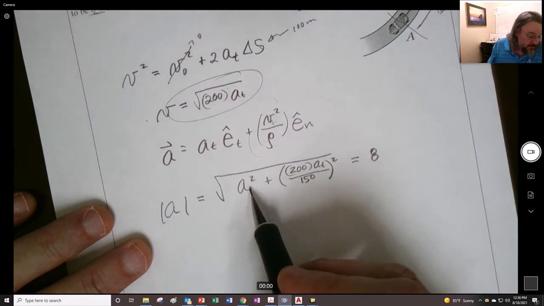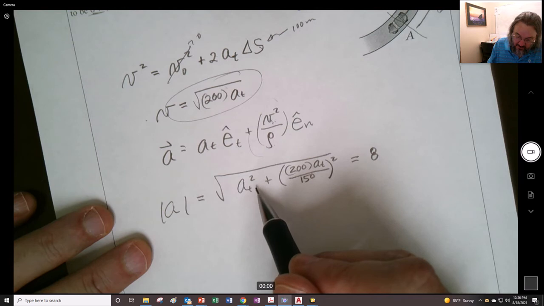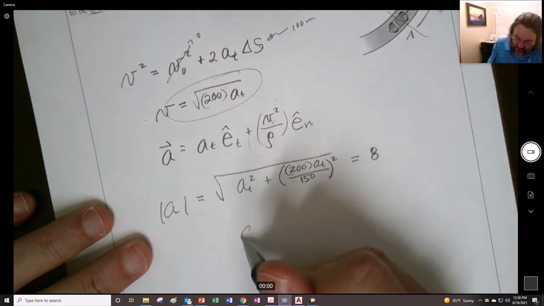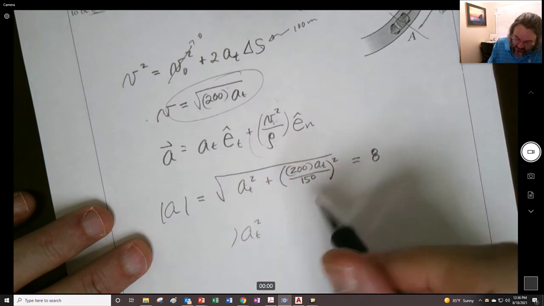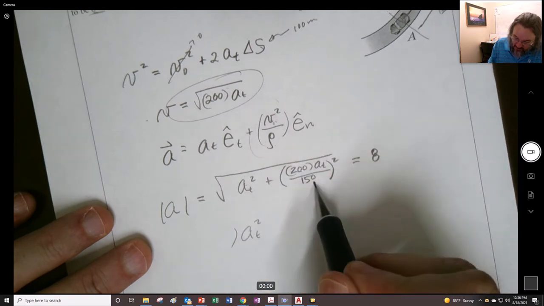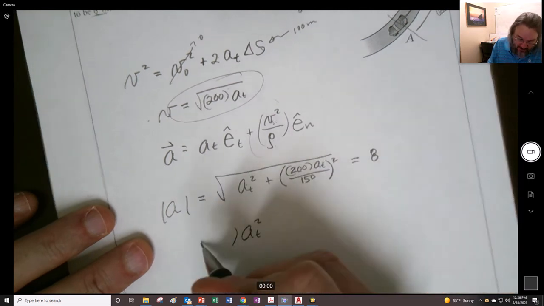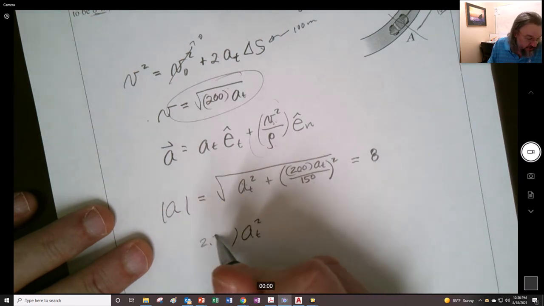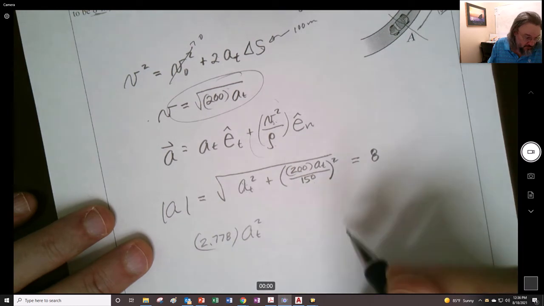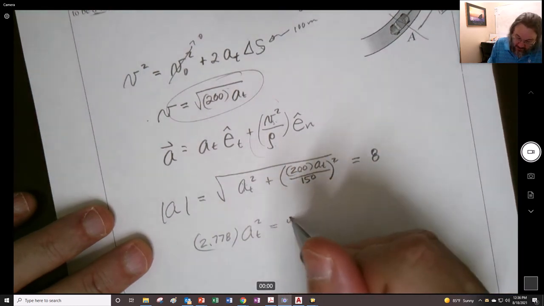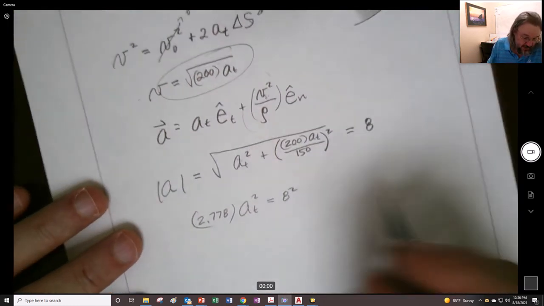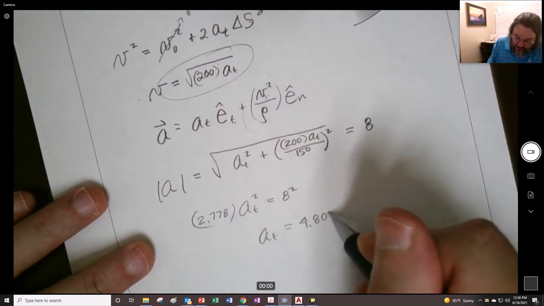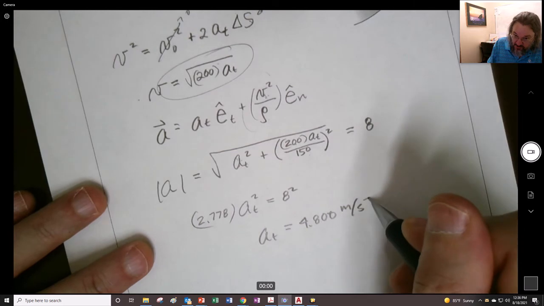Inside this, we can collect on top of a_t squared. So a_t squared has this value, 200 divided by 150, squared, plus 1, which ends up 2.778, and that's going to equal 8 squared. What we end up finding is a_t is equal to 4.800 meters per second squared.